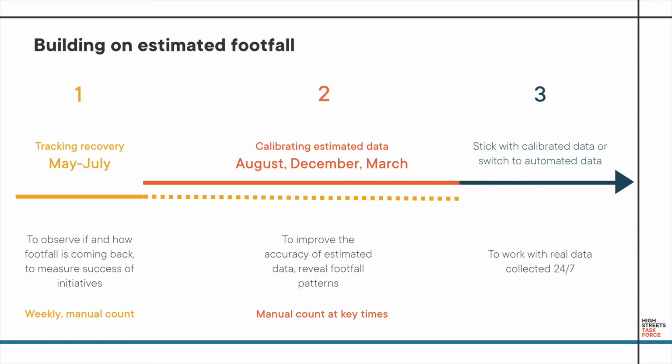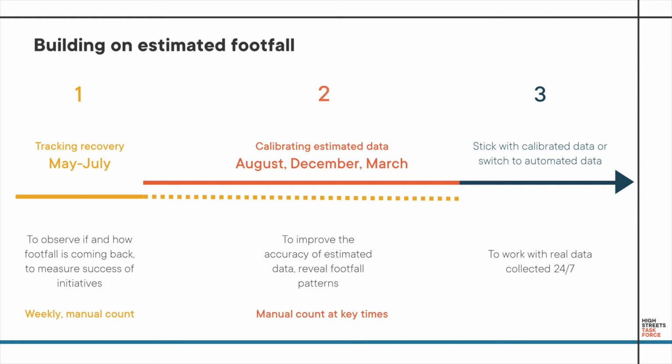The second step is to increase the accuracy of estimated data already in your dashboard by taking part in our calibration program. This program runs from August until March 2022 and requires you to count data at key times during August and December 2021 and March 2022.